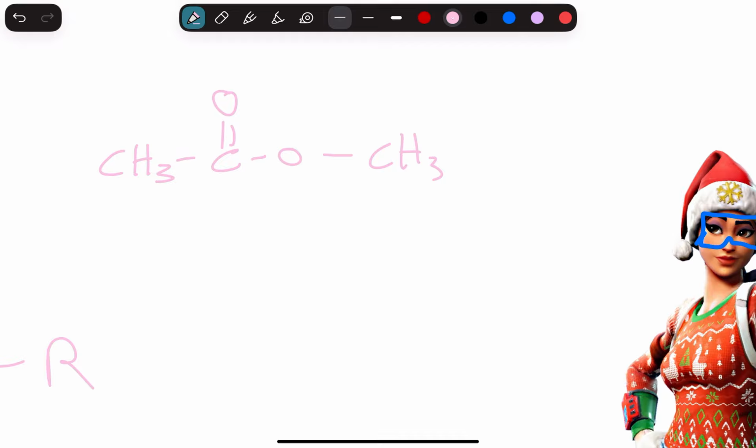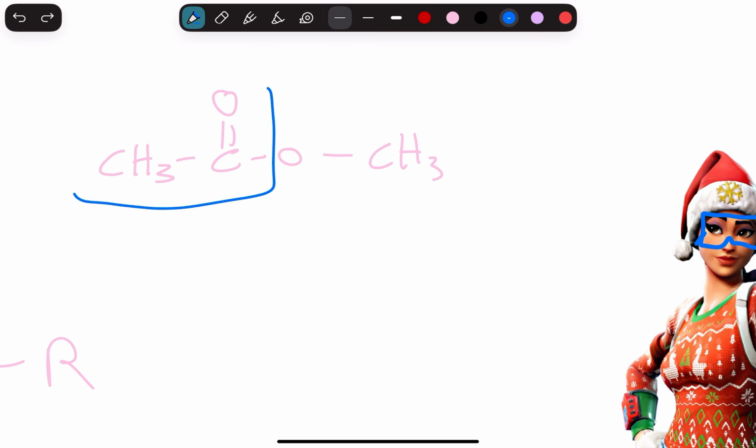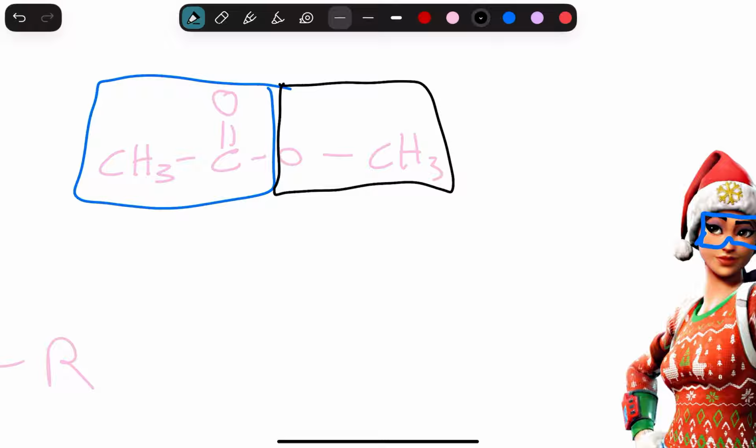So we're going to start by dividing these two groups into this group, and then this group right here. So this group right here is going to be our ethanoic, no, hold on. Yeah, there we go. Then we'll take the O over here. So if I were to rewrite this black one right here, it would be like this.